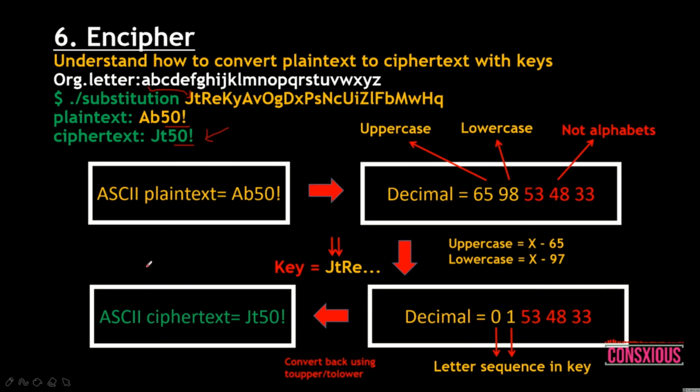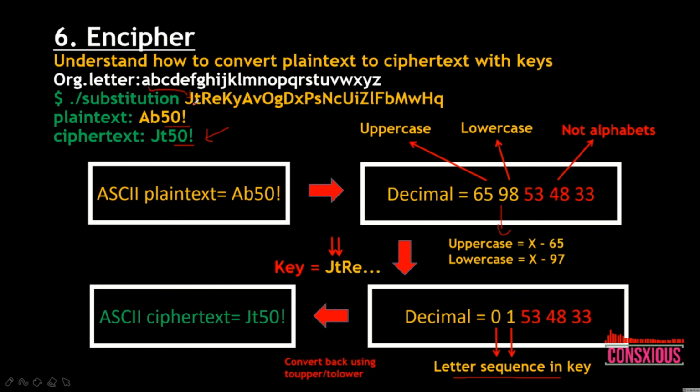To explain in more detail, take the plaintext AB, 50, exclamation mark. Convert into decimal, and there's a number value for each of the characters. Uppercase A is 65, lowercase b is 98. The non-alphabet characters 50 and the exclamation mark are 53, 48, 33. We use this formula depending on which case it is, and we convert here to get the letter sequence.